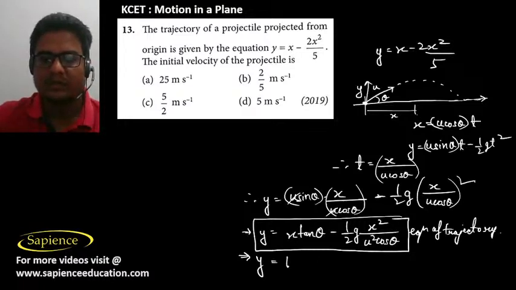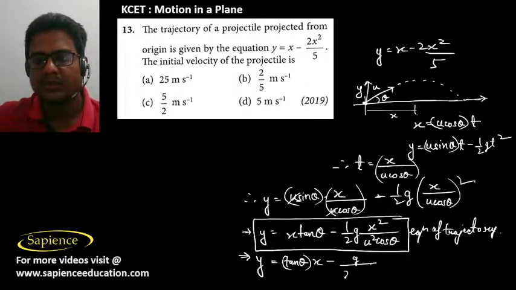So x equal to tan theta into x, minus g by 2 u square cos square theta into x square.